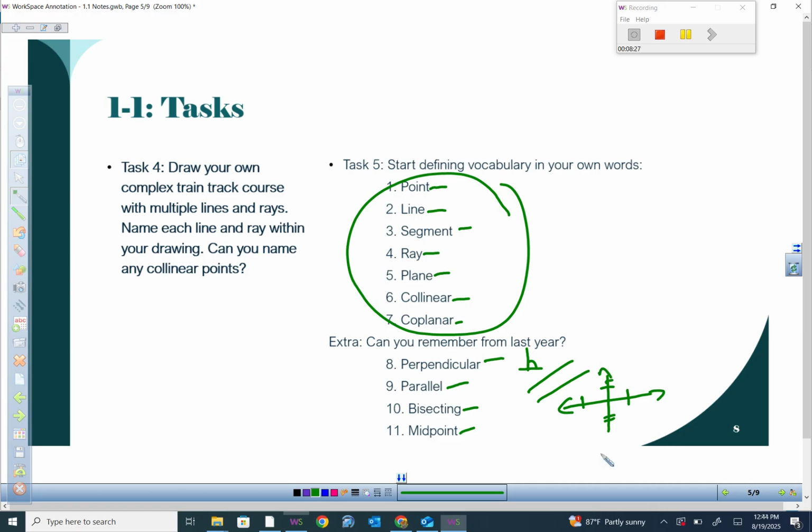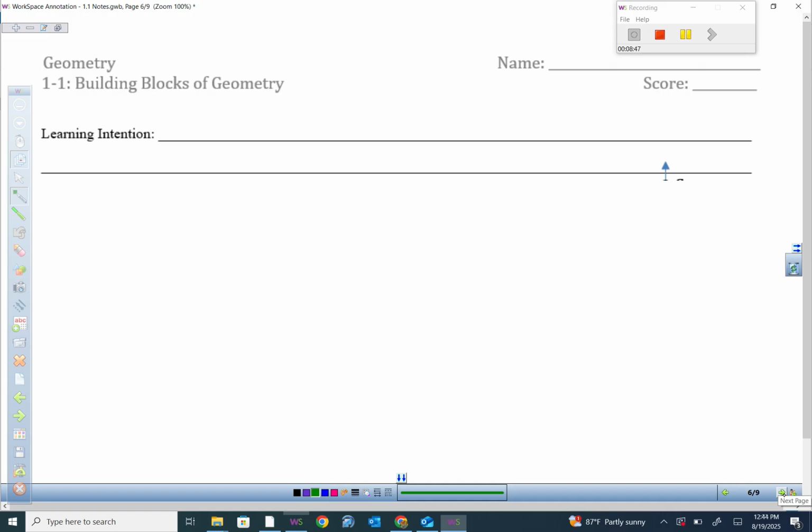Midpoint is the middle of a line. So if you have a segment, the midpoint is that middle piece right there. That's the midpoint. Okay. All right, let's go to the actual notes.